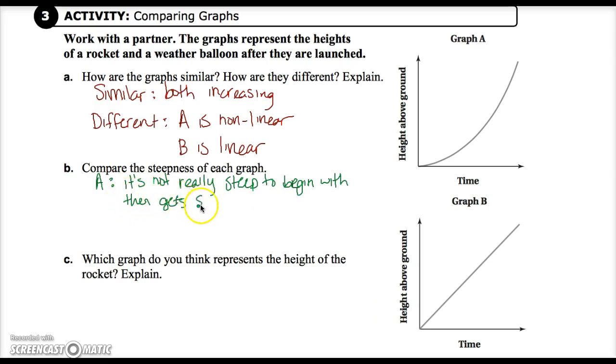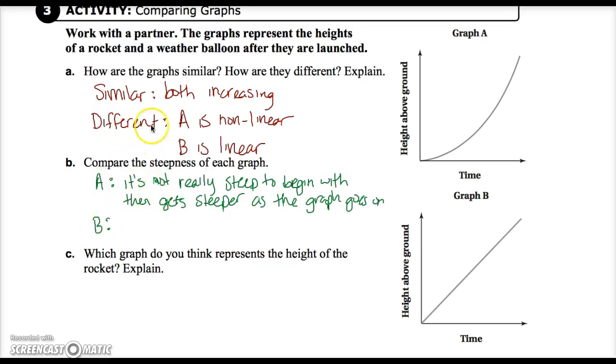Then gets steeper as the graph goes on. Graph B, this one has the same steepness throughout.